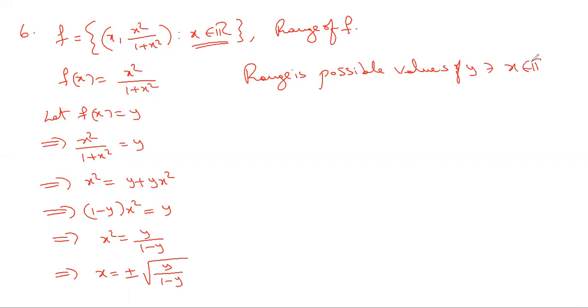This statement you need not write. For your understanding, I'm writing that statement. And then what you need to write, the domain condition for that under root expression should be greater than or equal to 0. So y by 1 minus y greater than or equal to 0.